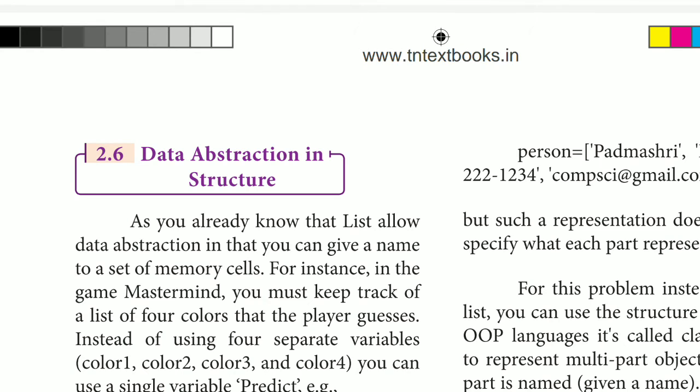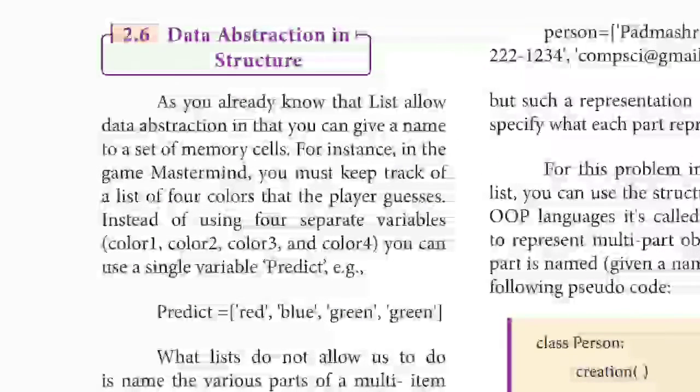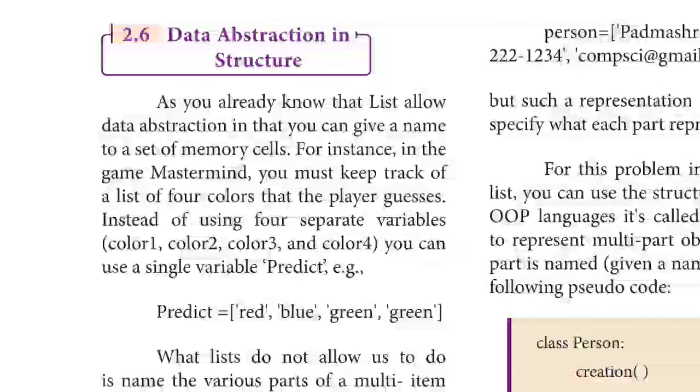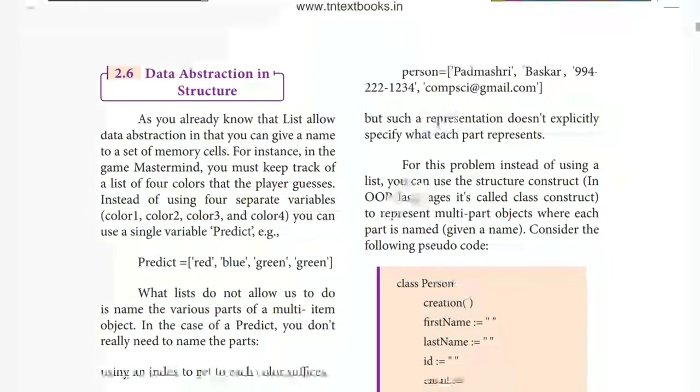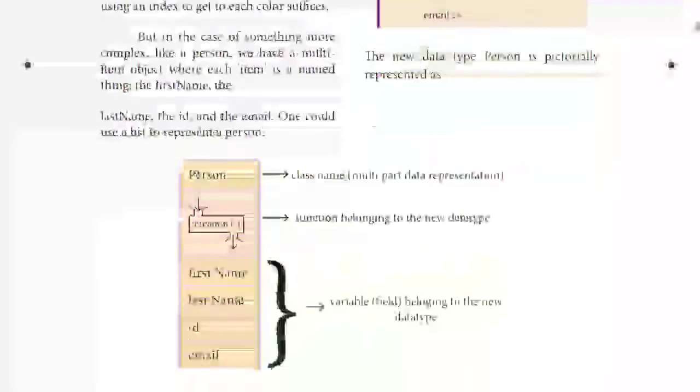Okay, next is data abstraction in structure. Structure is a different type of complex representation. Here is the example.